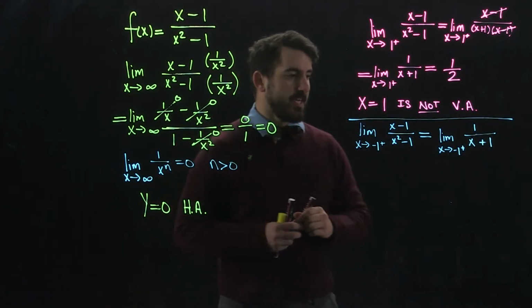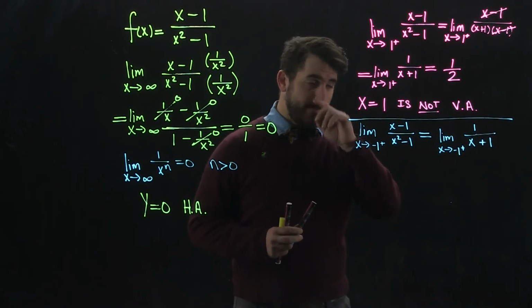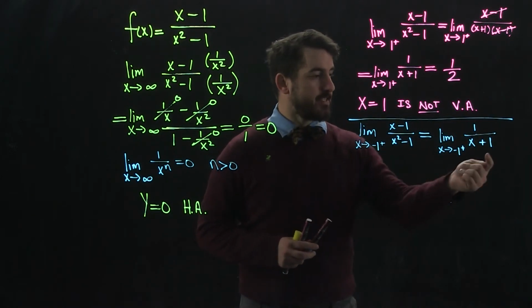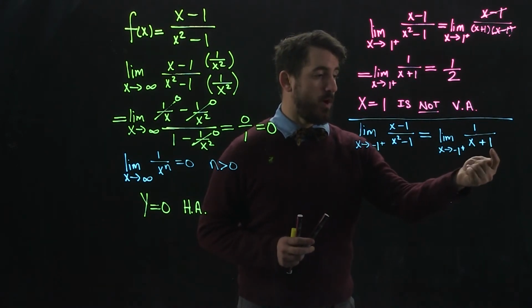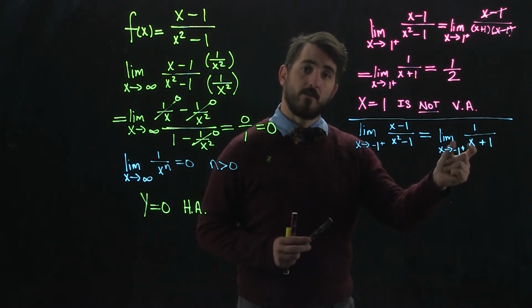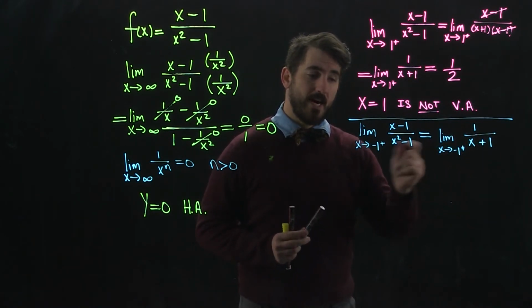Now we are choosing x values to the right of negative 1, which means that this sum here will be positive because it will be 1 plus a smaller negative number. It would be between negative 1 and 0. So this sum will be positive.